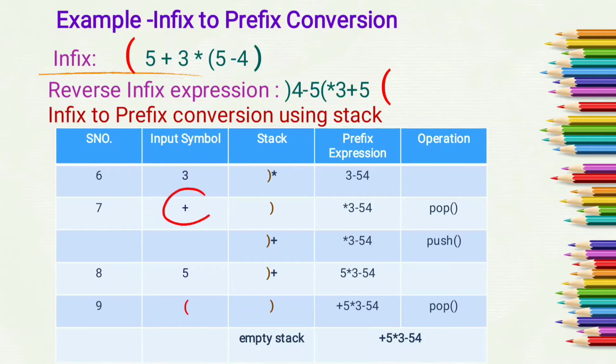But whenever we get an operator as an input symbol which has lower precedence than the top operator of the stack, that means the operator of the stack has higher precedence than the input operator, then we have to pop the operator from the stack. Then we compare plus with the top operator of the stack. If plus has higher or equal precedence, then it can be pushed into the stack.